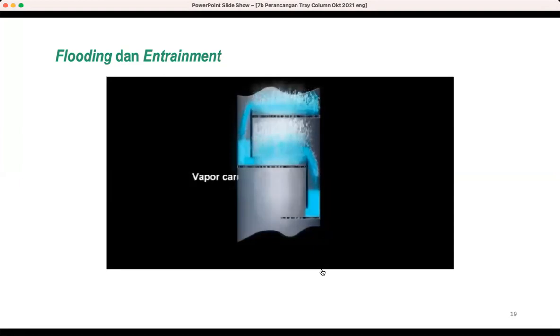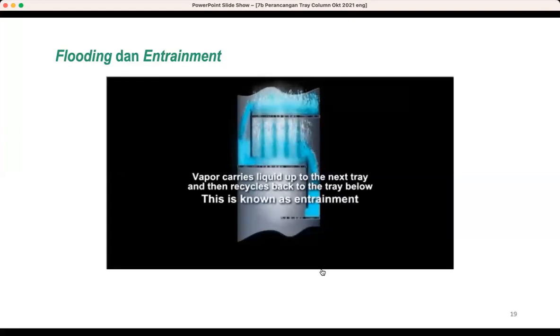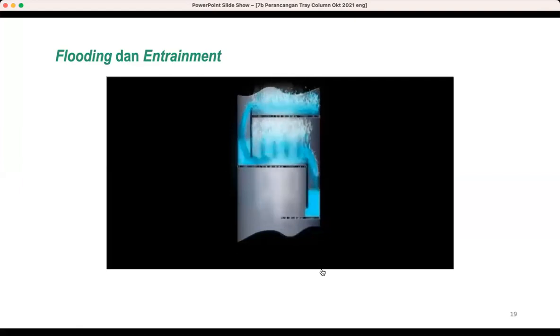At these high vapor rates, the vapor carries much of the liquid up with it to the next tray. This recycling of the liquid is called entrainment. Entrainment mixes the stages together and reduces the countercurrent effect of the column. Flooded columns are also difficult, if not impossible, to control, as the separation performance will decrease dramatically.